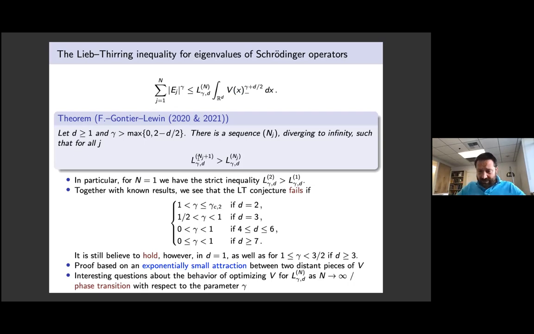Does it stick together? Do the things go away? Do they form some non-trivial structure? Do we see emergence of periodic pieces? We've investigated this both analytically and numerically, and we have some results in that direction, but I don't want to go into that at this point. This would be a whole different talk. Let me just say that one can think of this different behavior sort of like a phase transition with respect to this parameter gamma.